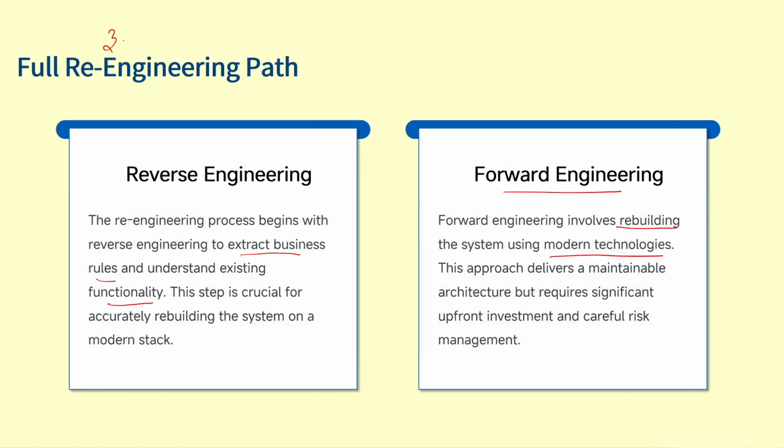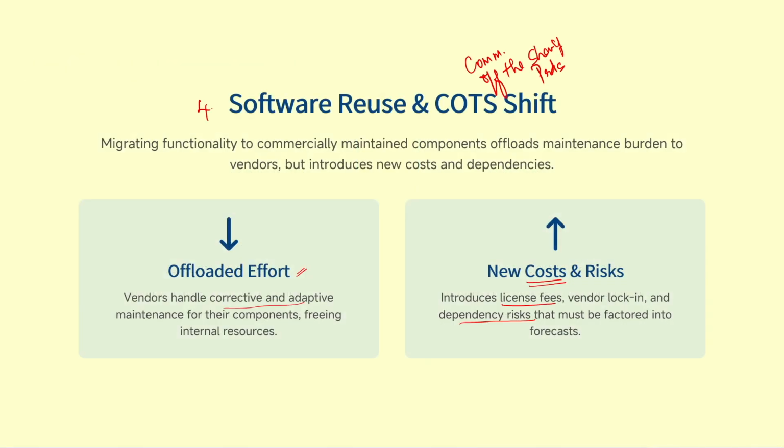But there is an associated cost and some risk. So those were the four different process models: the immediate delivery, the iterative, the third one is full engineering, and the fourth one is COTS.